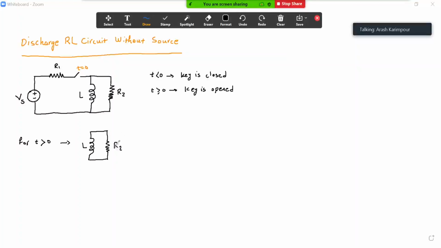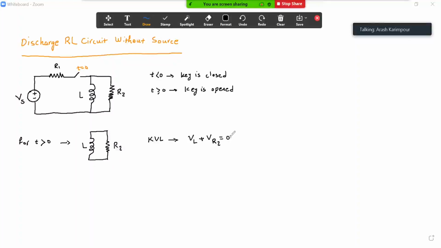If I write the KVL in this loop, what I have is that the voltage in the inductor plus the voltage in the resistance should become zero. It's a single loop.